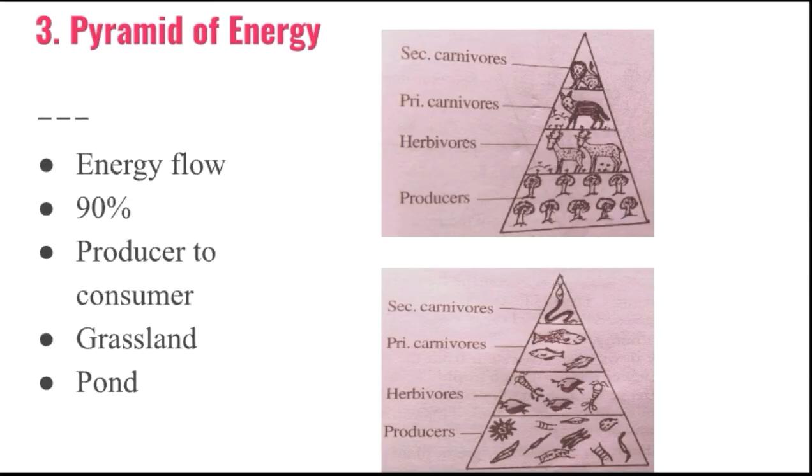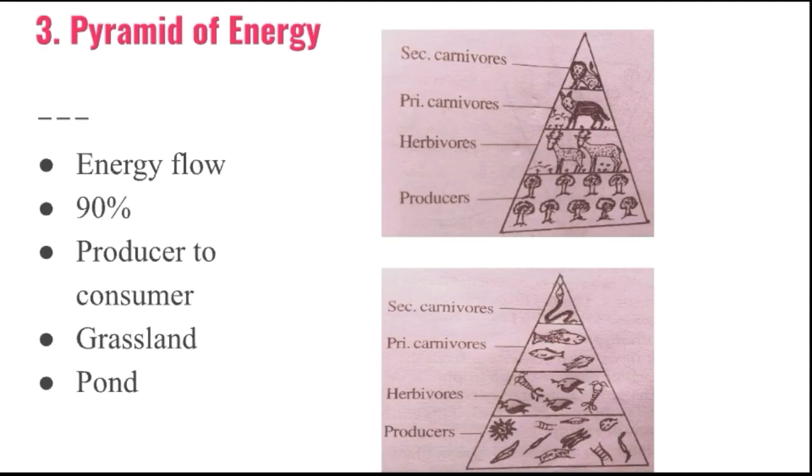We know very well from the energy flow lecture that energy flows from the producer level to the consumer level, right? Similarly here, at each trophic level, 90% of energy is lost, right? It means the amount of energy decreases from the producer level to the consumer level. This can be represented in one particular form, the pyramid of energy.